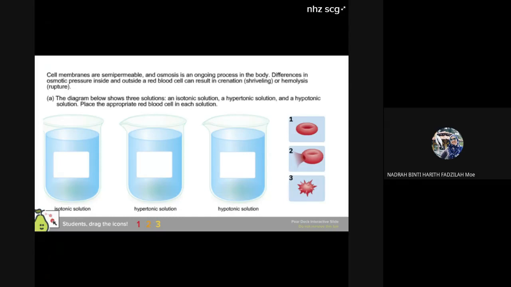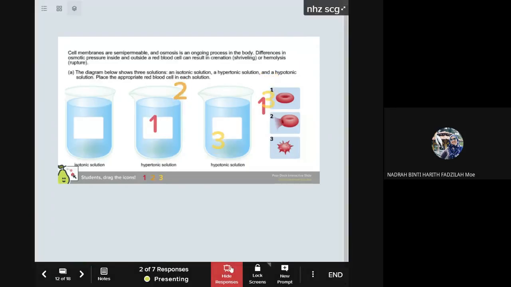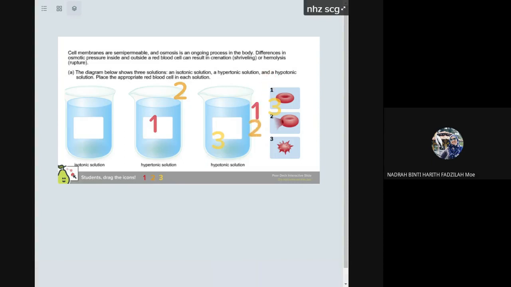Okay, now this is one of the applications when we place red blood cell in three different types of solution. Can you label what will happen to the red blood cell? Okay, katalah sebagai contoh, sebagai contoh pula mengikut label tu, the first beaker is solution that is isotonic with the red blood cell.